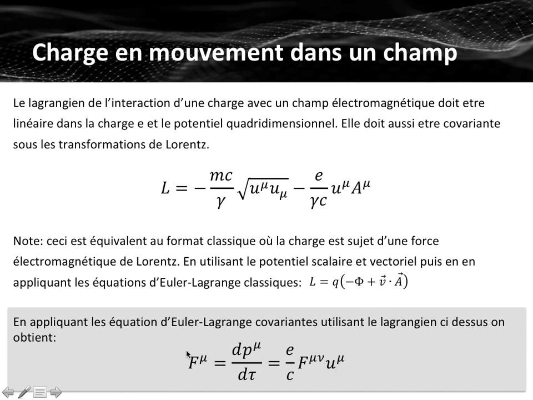And this is obviously the force. So what this relation tells us is that the four-vector force on the charge moving in an electromagnetic field is q over c, which is the charge itself, times the electromagnetic tensor and the four-vector speed of this particle in this electromagnetic field.